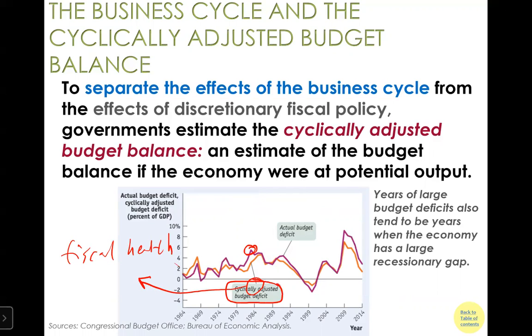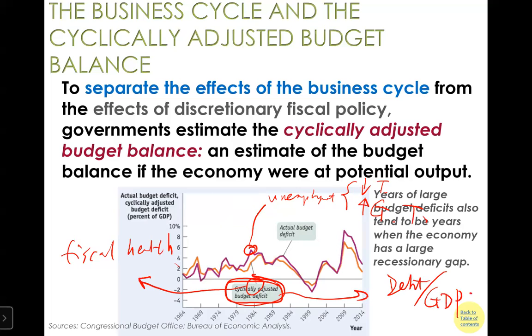It's due to the fact that temporarily we have high unemployment, and that leads to lower tax revenue and larger government spending or transfers. But in the long run, what we need to worry about is the cyclically adjusted budget deficit. That is going to have an impact on our long-term debt to GDP ratio, or the long-term debt burden on the economy.